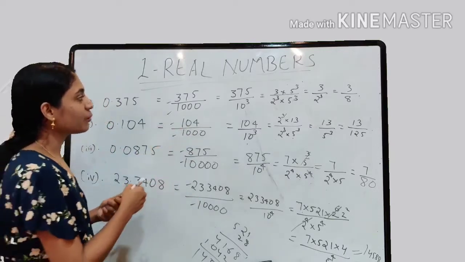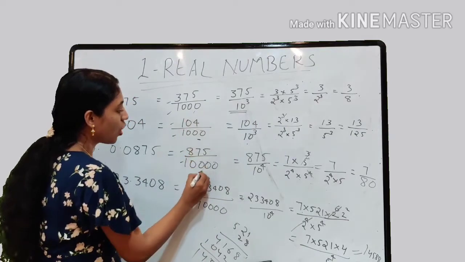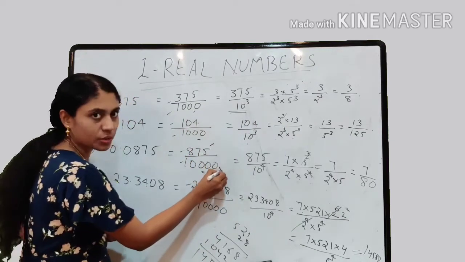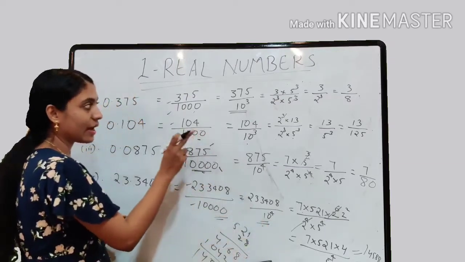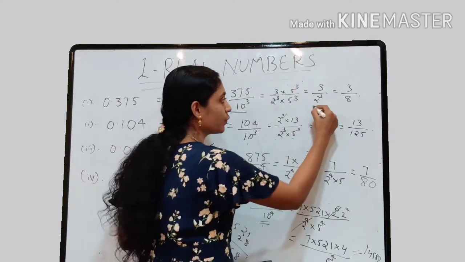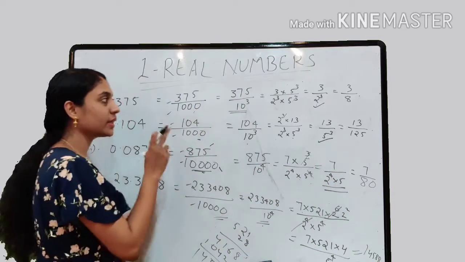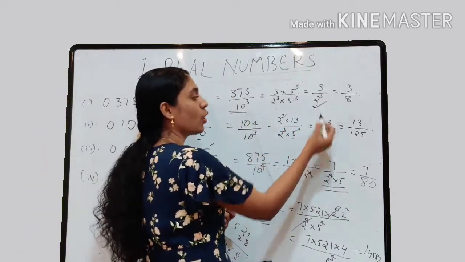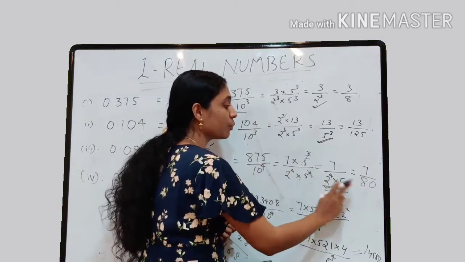This is numerator and this is denominator, right? And the prime factorization of all these denominators can have either the powers of 2 or powers of 5 or both. Either it can be expressed as a power of 2 or a power of 5, or in some cases powers of both 2 and 5.